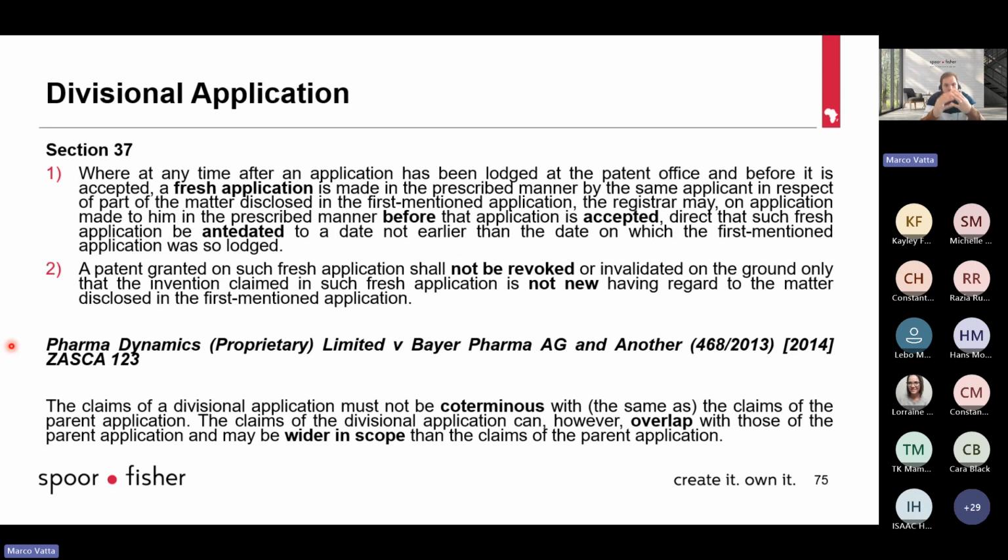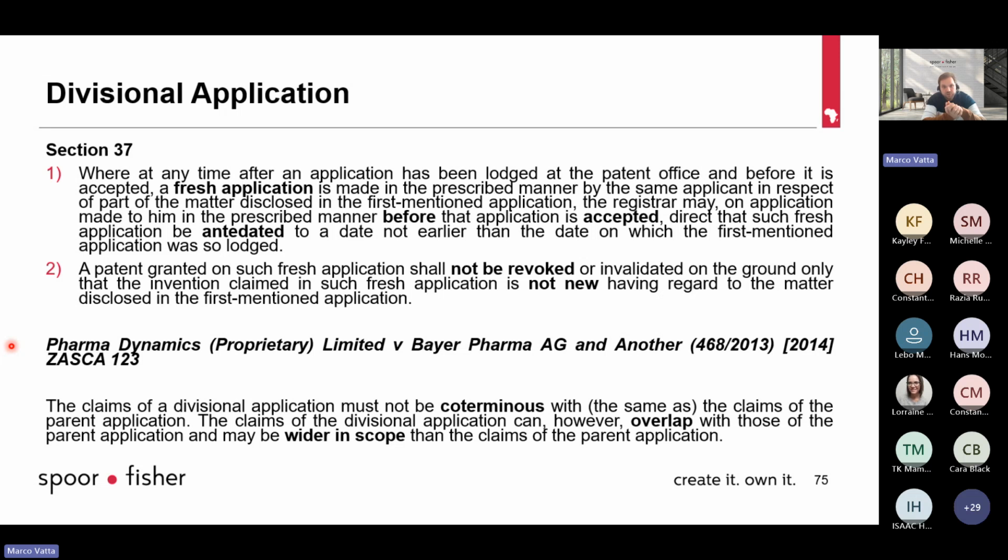In terms of South African law, although the Act says that the claim must relate to one invention only, there's no remedy against doing that. And you cannot revoke a patent on the basis that it comprises more than one invention. But it comes down to an argument that there might be a clarity issue as to what the actual invention is, should the courts ever need to make a determination.